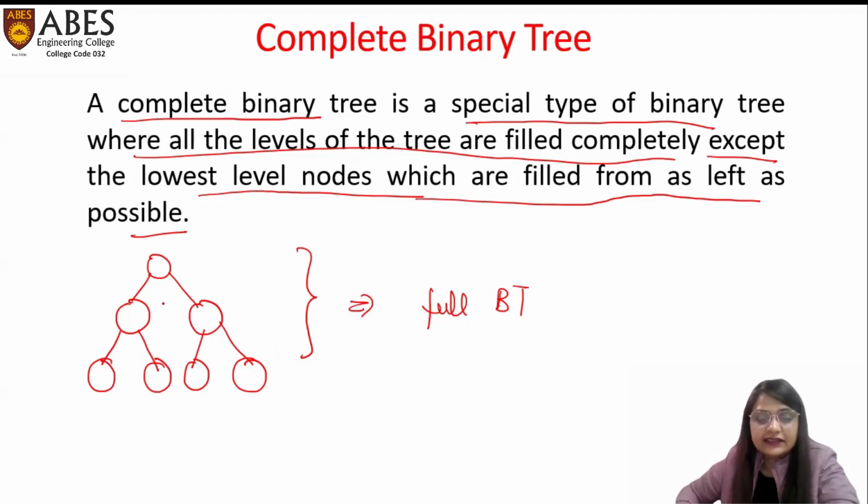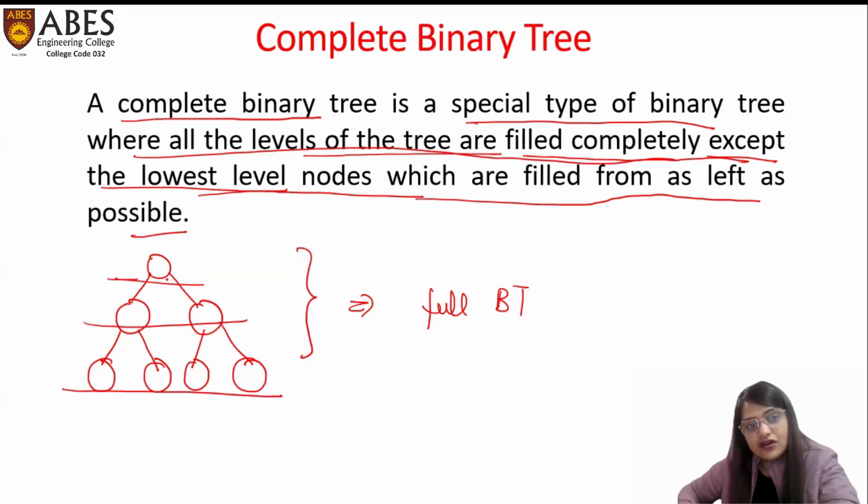It is just saying that all the levels of the tree are filled completely except the lowest level. It means all these levels should have the full binary representation.